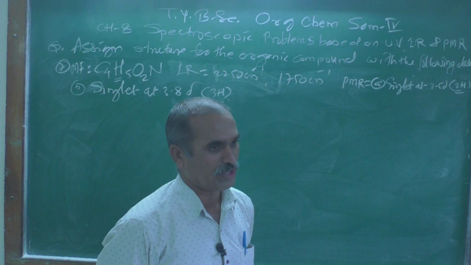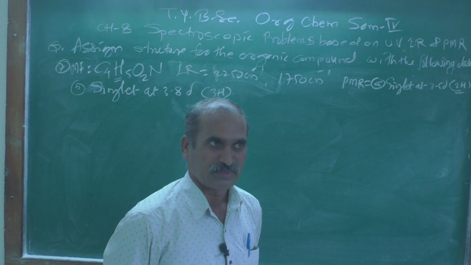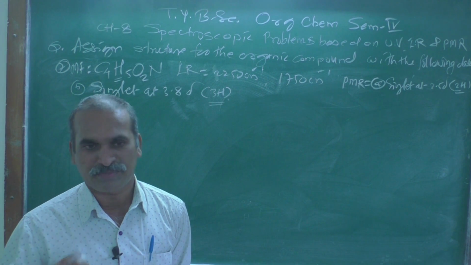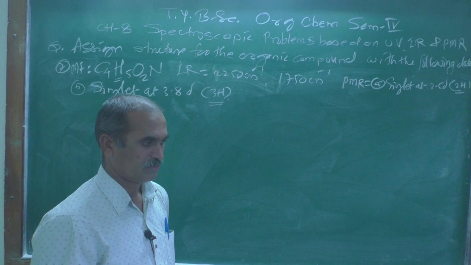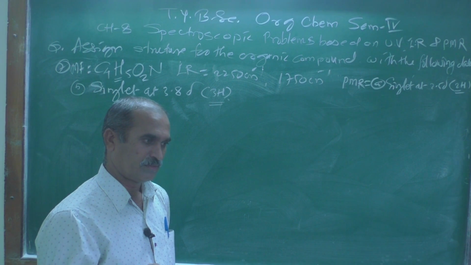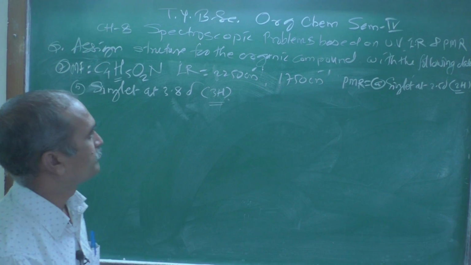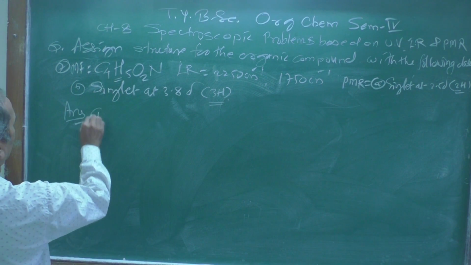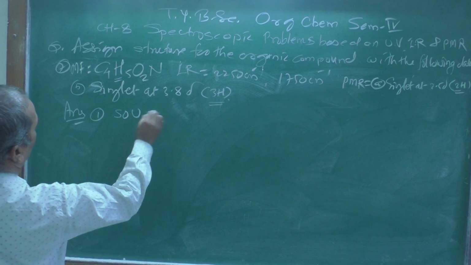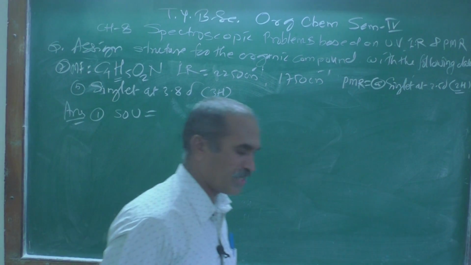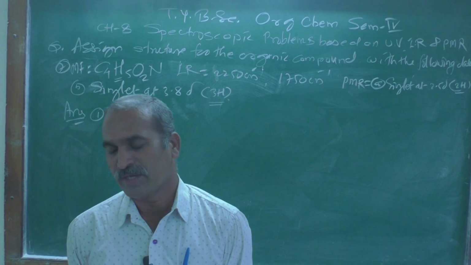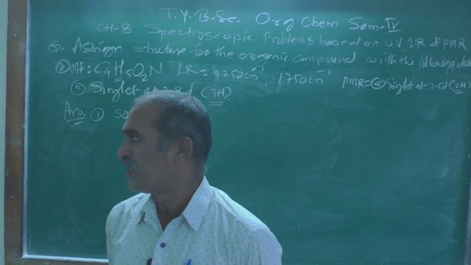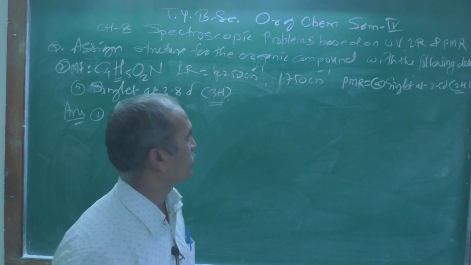Now let us do the steps as given. What is the first thing to do? First, calculate the sites of unsaturation.